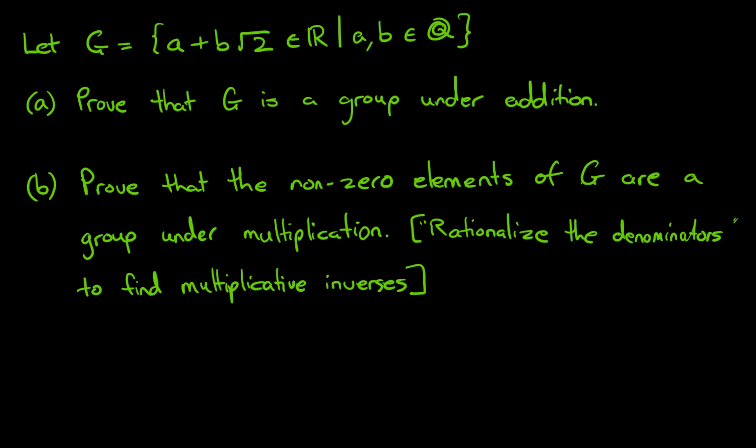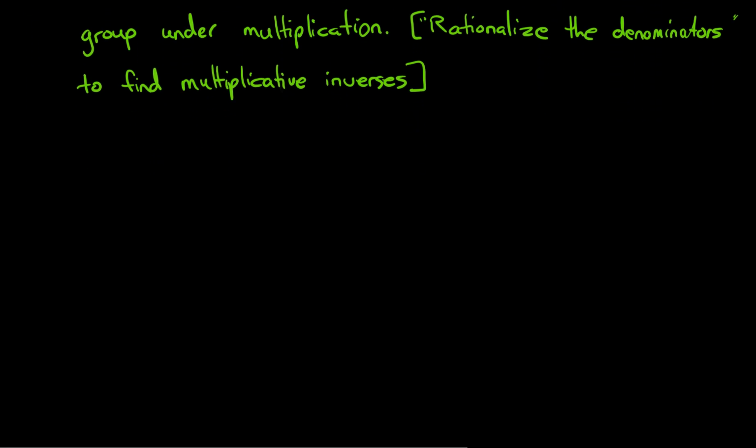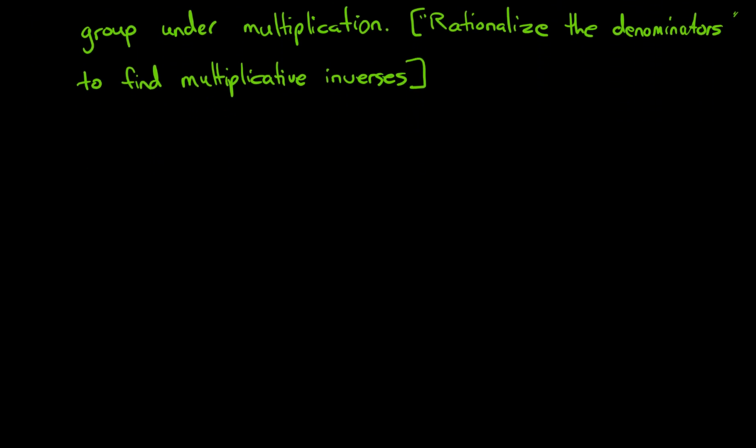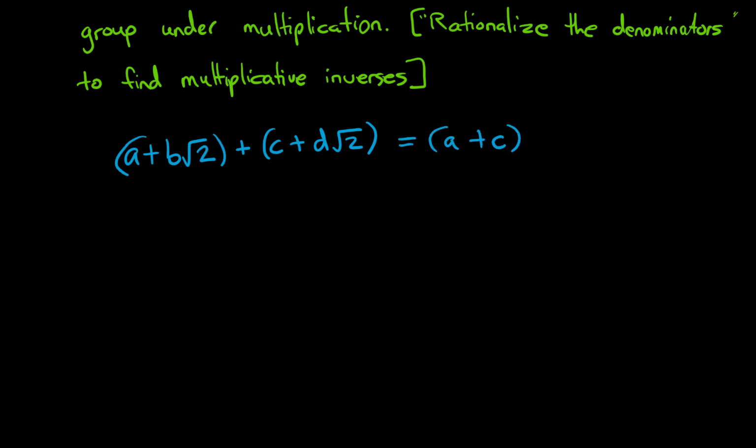So let's see how we can do this. First, we're going to see how to prove that this set forms a group under addition. So as usual, we observe whether or not it is closed. If we have a plus b root 2 and we add c plus d root 2, it becomes a plus c plus b plus d root 2.